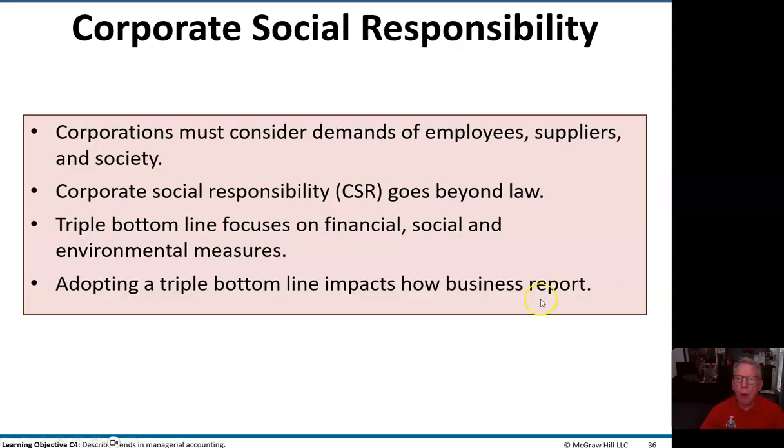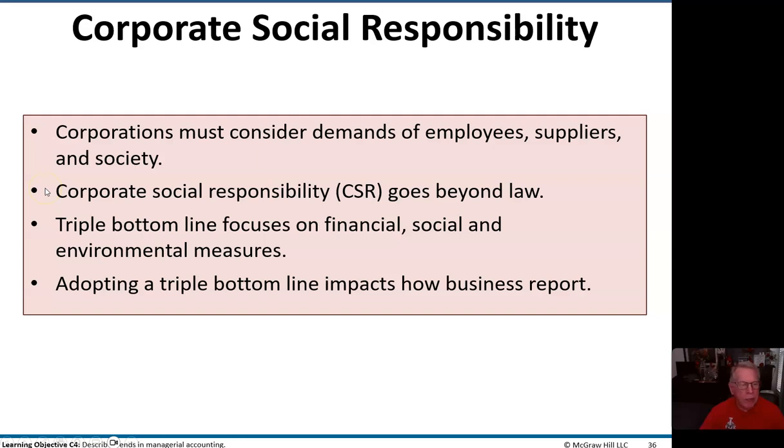Okay, corporate social responsibility. Corporations must consider the demands of employees, suppliers, and society. We call that CSR, corporate social responsibility, and it goes beyond the law.